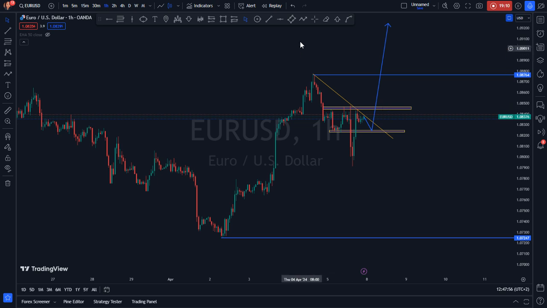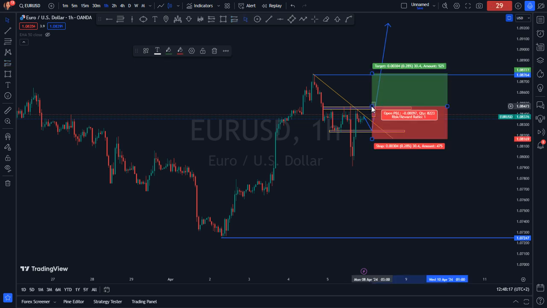And your entry point is going to be when the market breaks above the previous high. Remember that, because you can't just enter, there's a possibility this zone can be rejected and the market goes down. But if it breaks above this high, it is not going to come down, it's going to go up. I promise you that. So this is the best possible way to enter this trade.